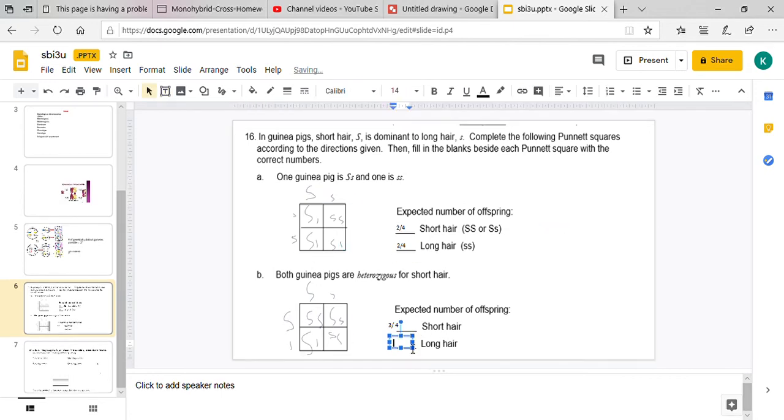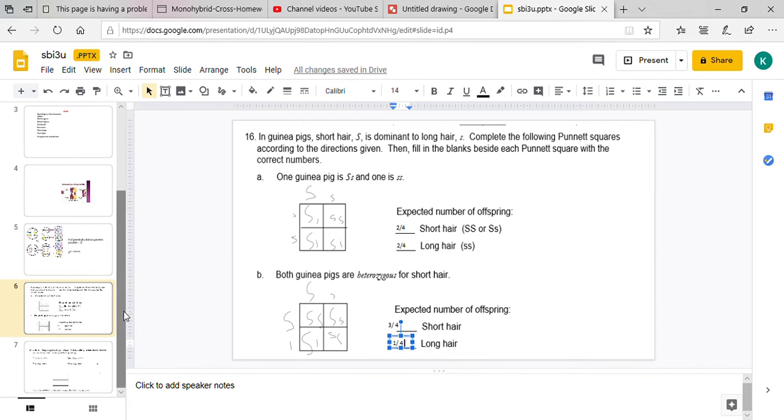So it's a 1 in 4 chance of the guinea pig having long hair. Now that's a 25% chance. So every time these two parents have offspring, 75% of the time they will have short hair, and only 25% of the time they will have long hair.